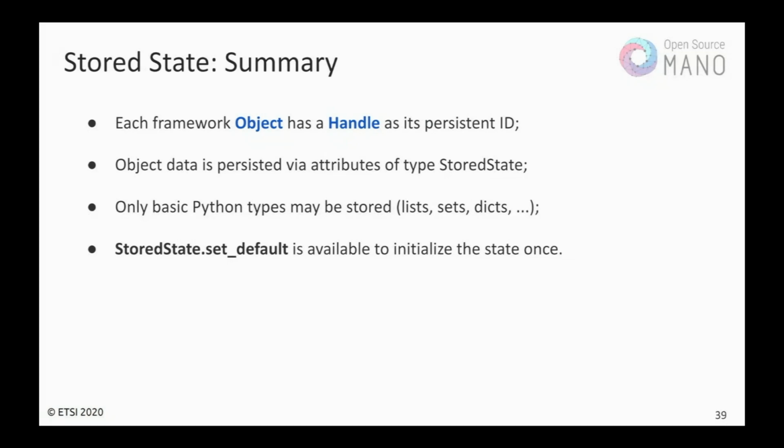You need to use the stored state type and have an attribute that holds an object of stored state on your, say, charm type, and the attributes on this can be basic Python types, such as sets or dictionaries of strings, integers, and floats are also supported. And you can set a value that will be a default to initialize your state.